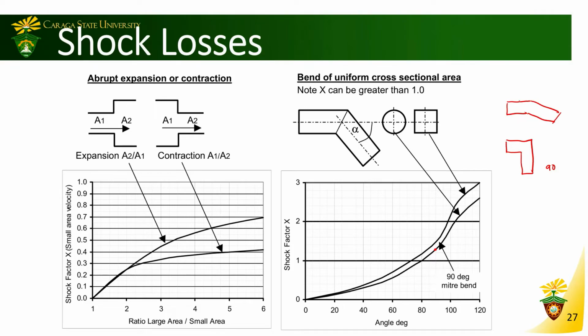Or less alpha, less angle in the bend, like for example a 20 degree bend. So a 90 degree bend will have a higher shock factor X as compared, for example, to that of a 20 degree bend right here. So refer to the graph to determine the shock factor X.